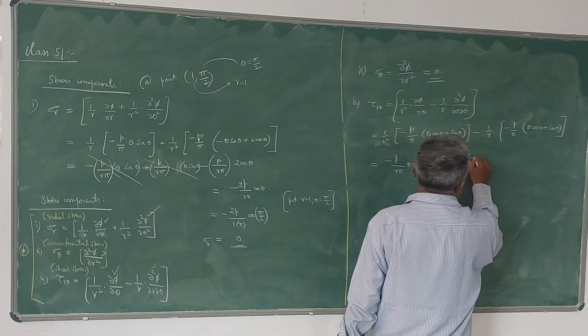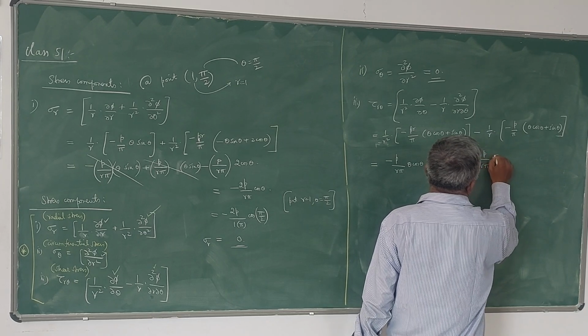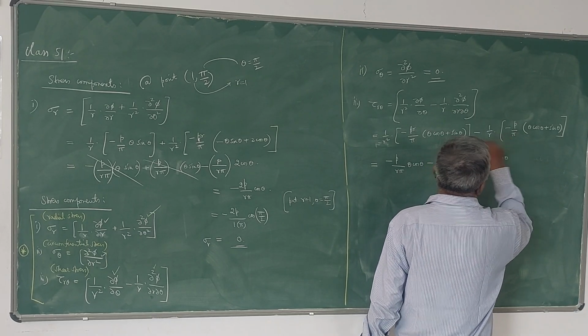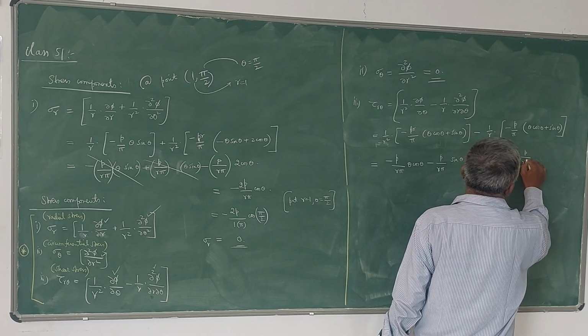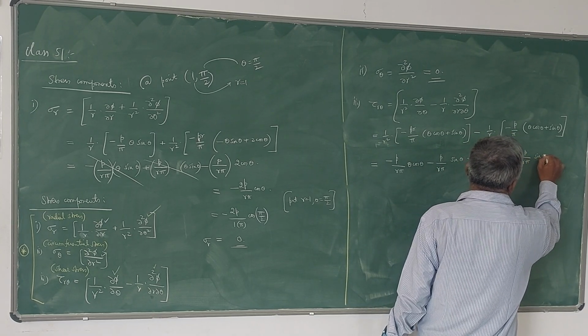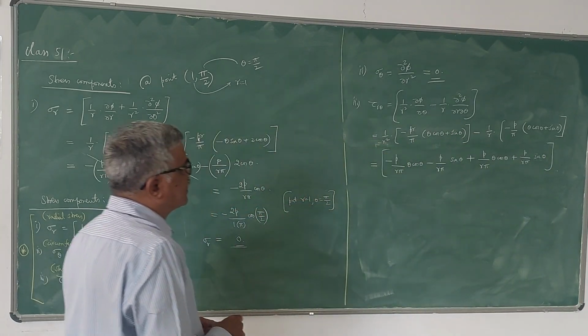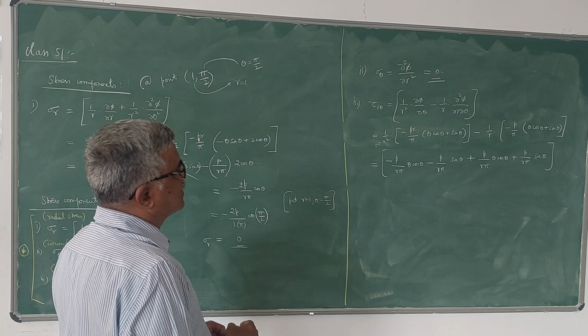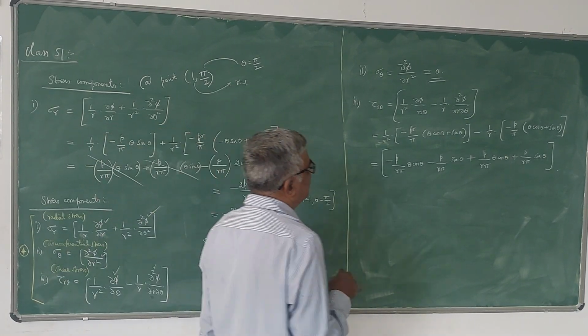Here minus into minus becomes plus, p by r pi, theta cos theta, then plus p by r pi. Here also, if any term cancels, just cancel it. Both of them will get cancelled.